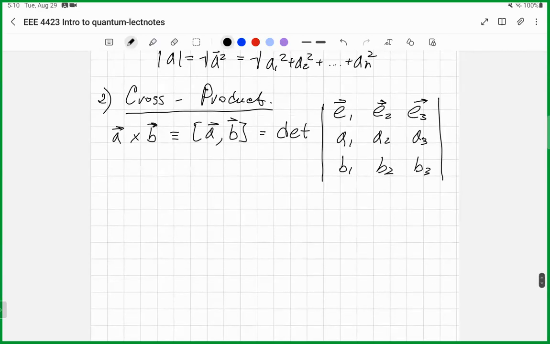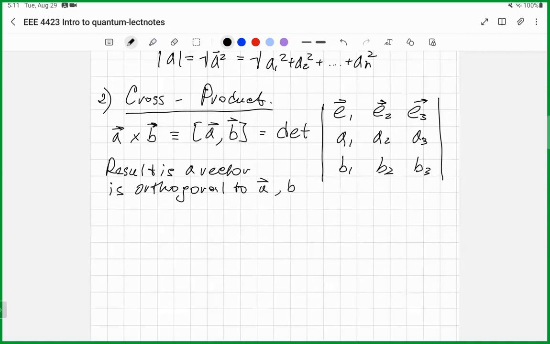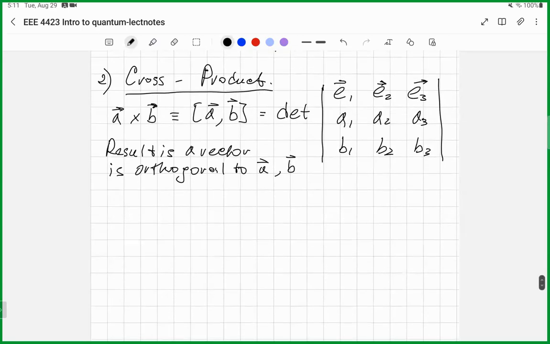Note that in contrast to the scalar product, in this case the result is a vector, another vector, and this vector is orthogonal to both vectors A and B. Orthogonal means rectangular.